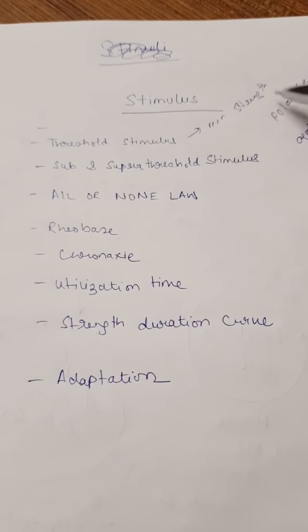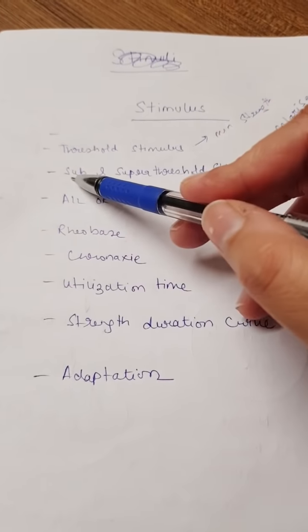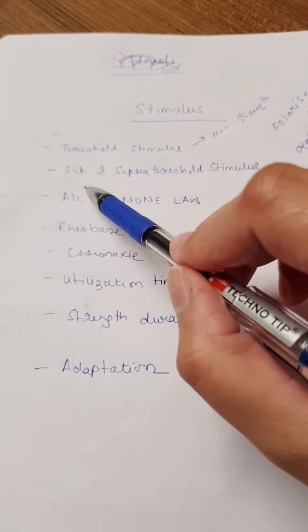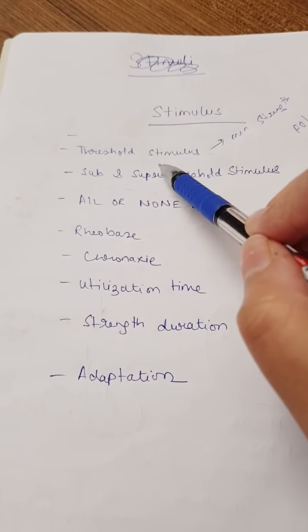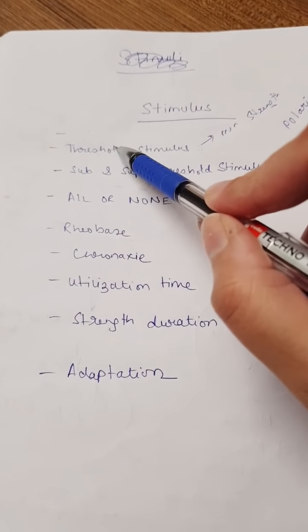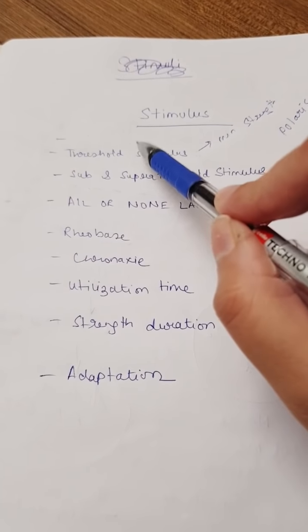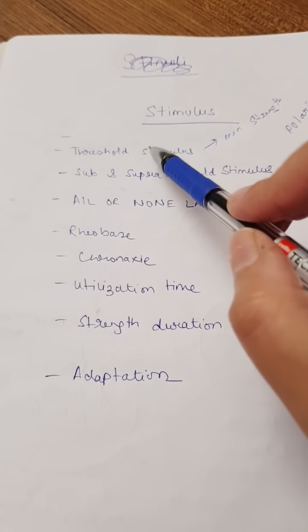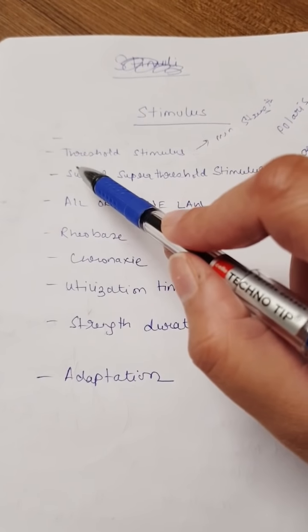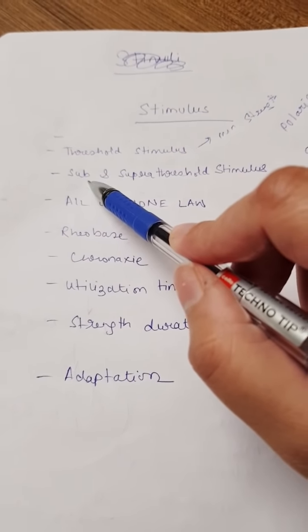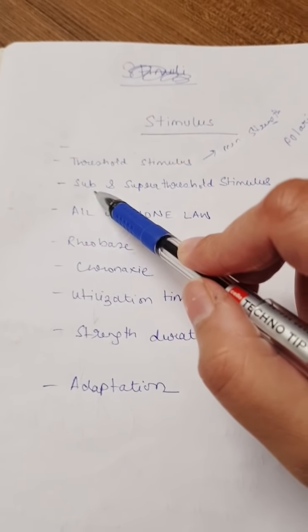Okay. So from the definition itself, we can say that a sub-threshold stimulus will not give rise to an action potential. Only when the stimulus strength is of threshold value will we get an action potential. When the stimulus strength is below the threshold, we would not get an action potential.